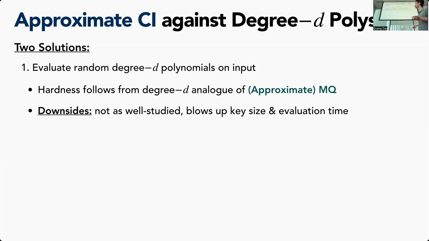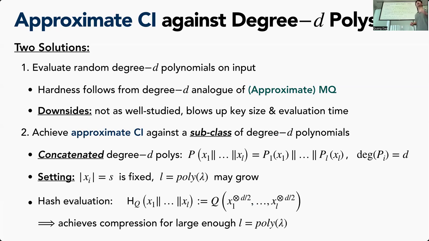But the downside is that it blows up all of your parameters, and people haven't studied this as much. It's clearly harder, but we would like to achieve it from the weakest assumption possible. Okay, so let's try to achieve it from just MQ.